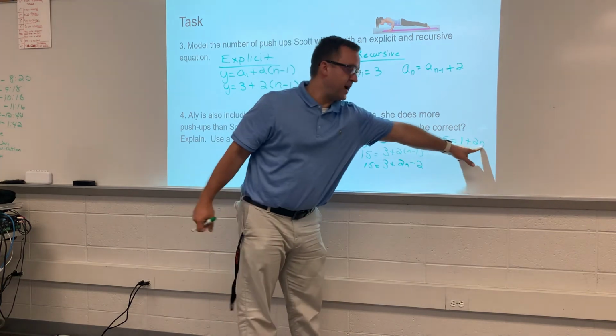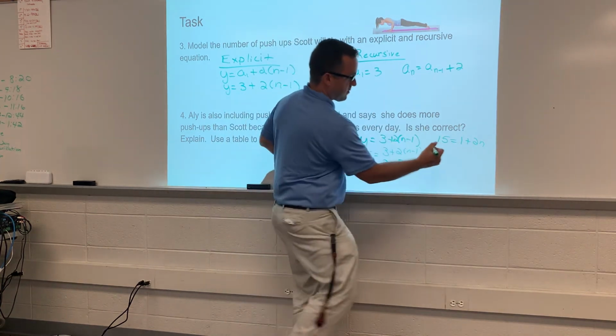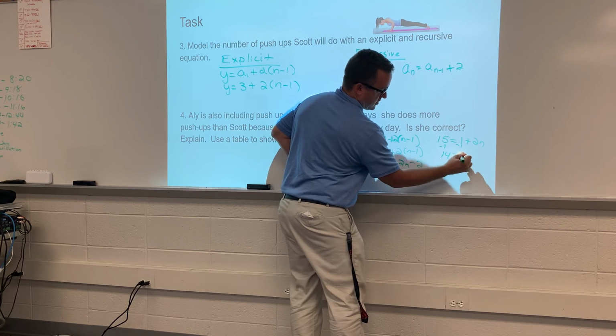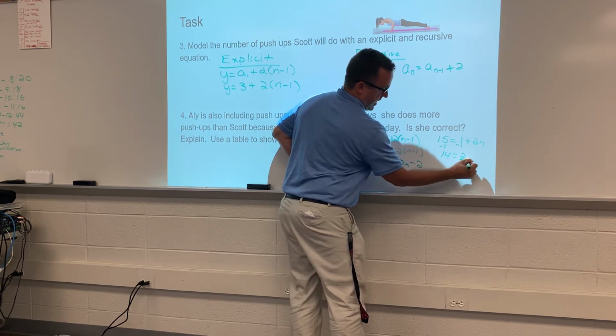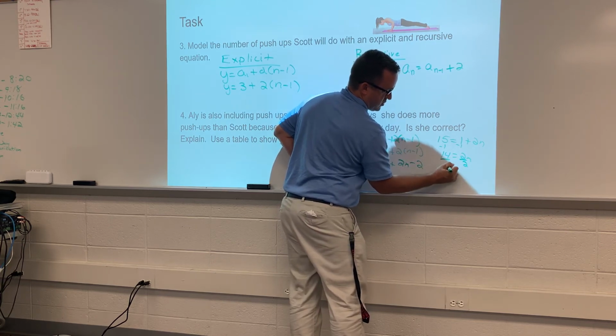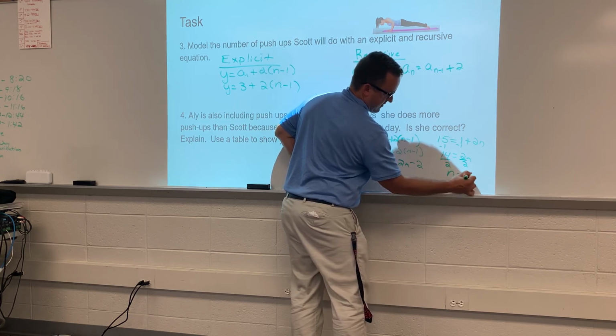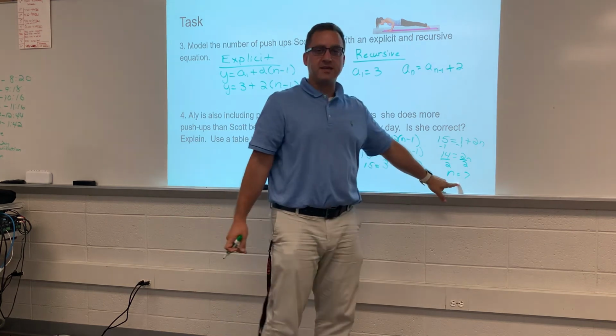I'm going to get n by itself, so I'm going to subtract 1 from both sides. So 14 equals 2n. And then divide both sides by 2. And we would get n equals 7. So after 7 days, they're the same.